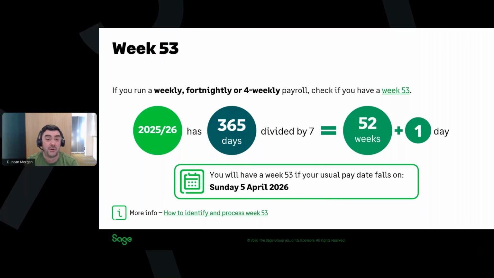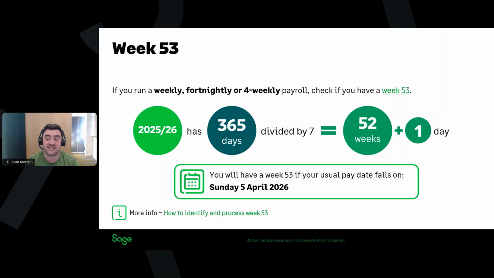So in 2025-26, there are 365 days, as it's a non-leap year. And if you divide that number by 7, you end up with 52 full weeks and 1 extra day. Now, if your pay date happens to land on that extra day, that is when you will have a week 53. Because if you pay weekly, that would become your 53rd pay date of the year.